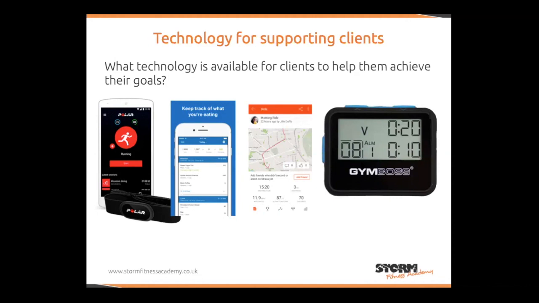So I'll set up an interval timer to time my warm-ups with my clients and time my rest between sets, or if I take them for a run, when we're going to sprint, it'll go off. They're really useful and they're quite cheap. I think the Gym Boss is about 15 quid, but I've got another one in my hand at the moment that was about £7.99. It's just as good as the Gym Boss. Just look them up online.